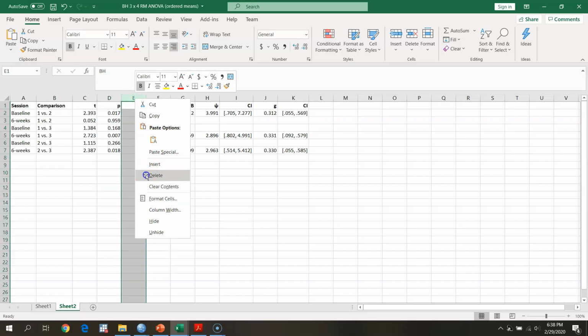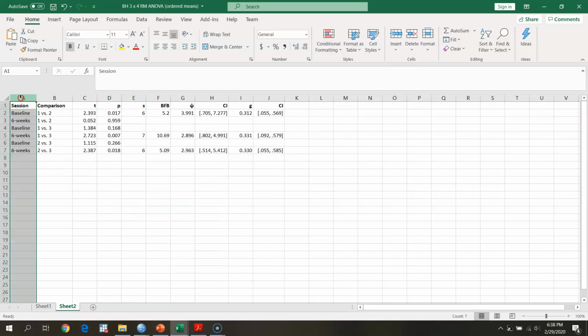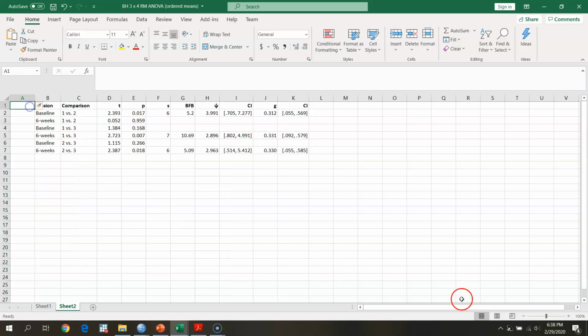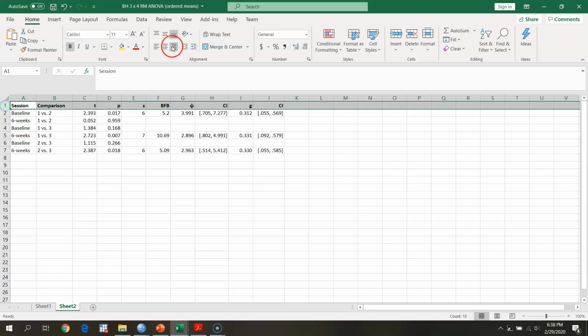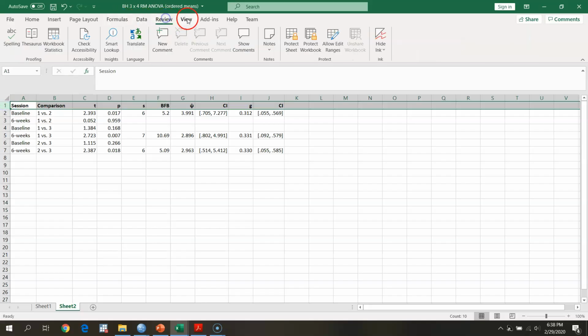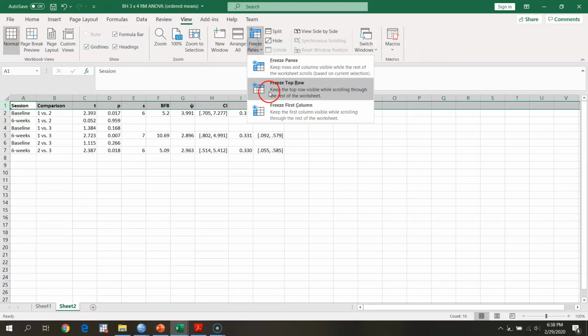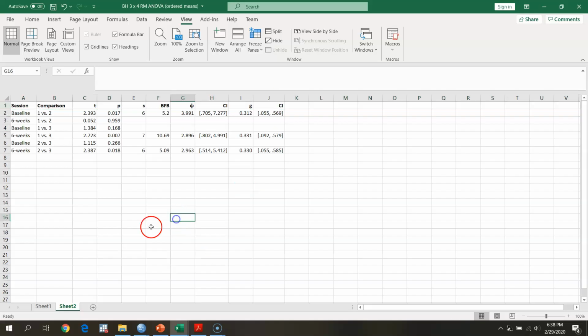What I'm going to do is delete this for right now, and insert a variable I'll call index. But wait, before I do that, with this data I'm going to go to View and freeze that top pane.